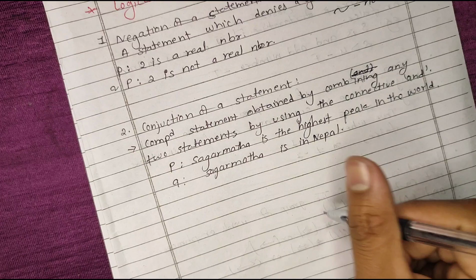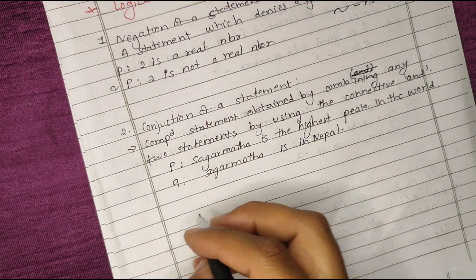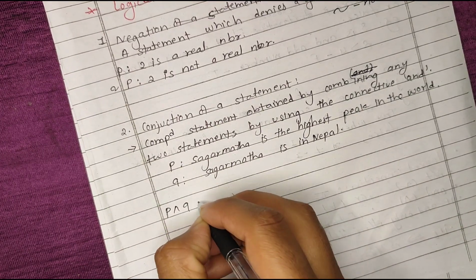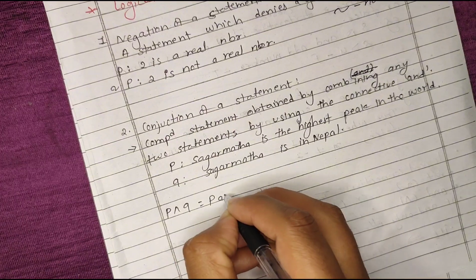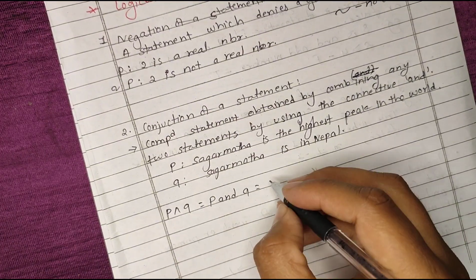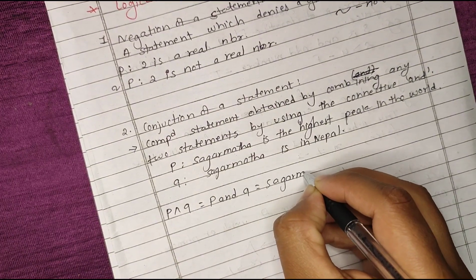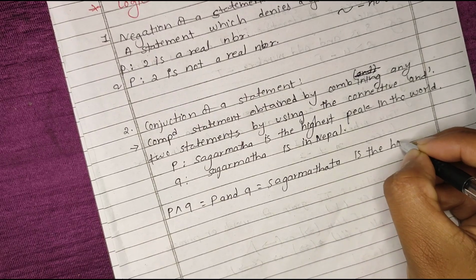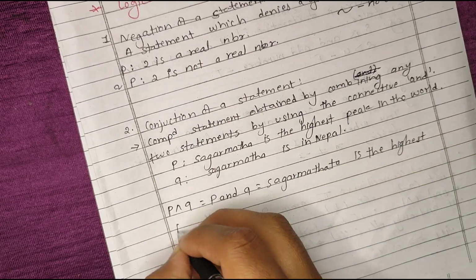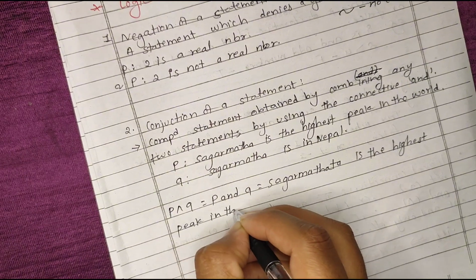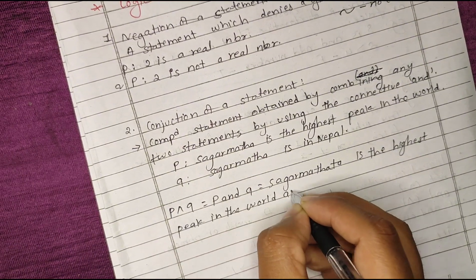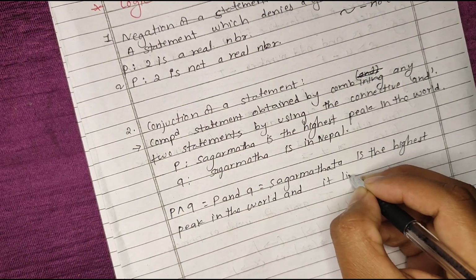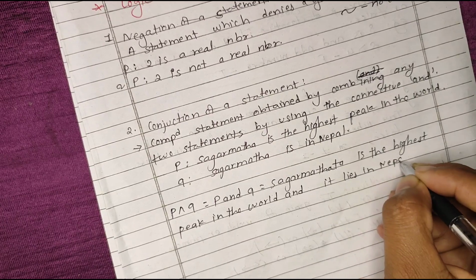And now we can make this conjunction statement. I write just symbols, that is P and Q. That is, Sagarmatha is the highest peak in the world and it lies in Nepal.